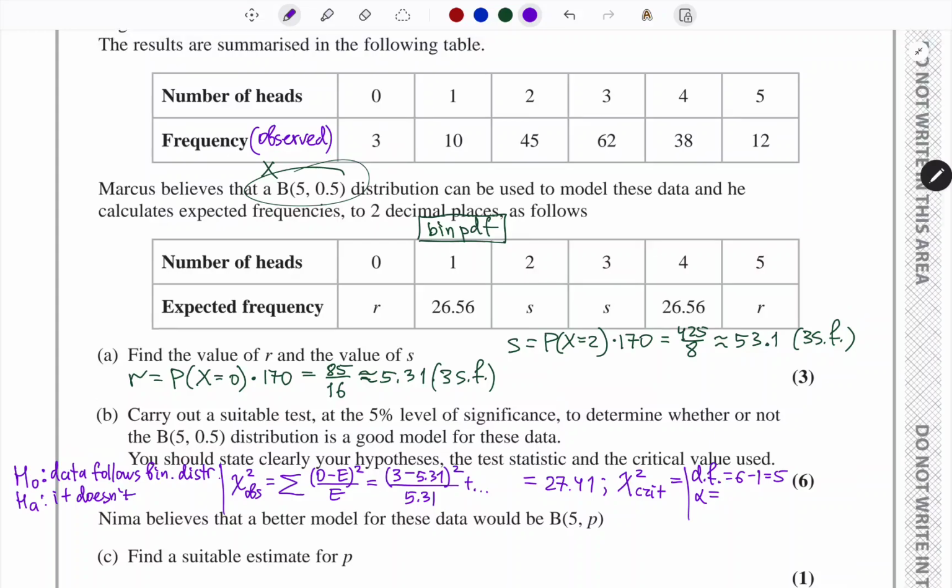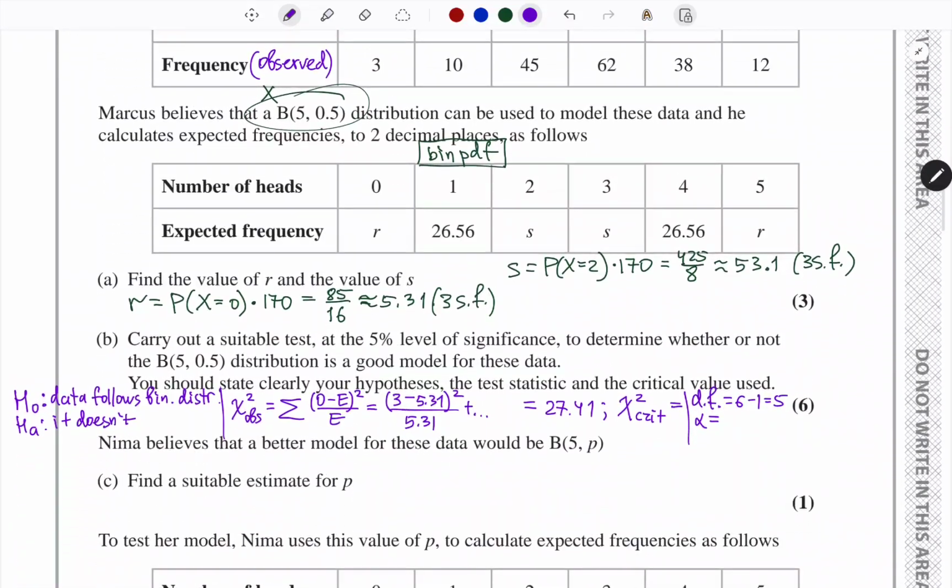Alpha was given, right? It's a 5% significance level, a tradition for A-level questions. So I looked it up in the table. It's 11.07. My chi-squared observed, 27, is significantly bigger than 11.07.